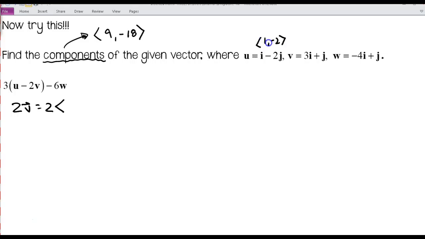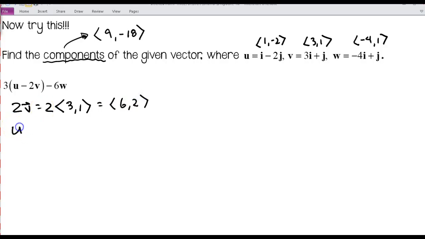Again, that's just my preference for working with these. So u is 1, negative 2, v is 3, 1, and w is negative 4, 1. Alright, so it's 2 times 3, 1, so that's going to be 6, 2, so that's 2v.